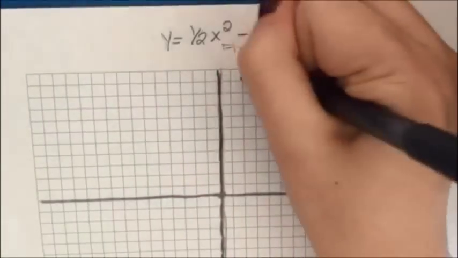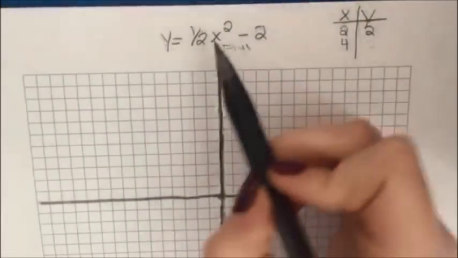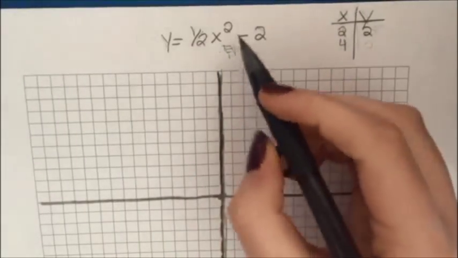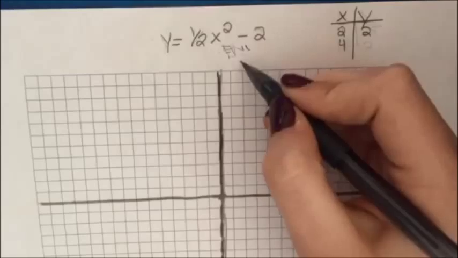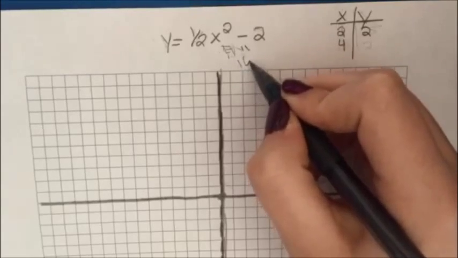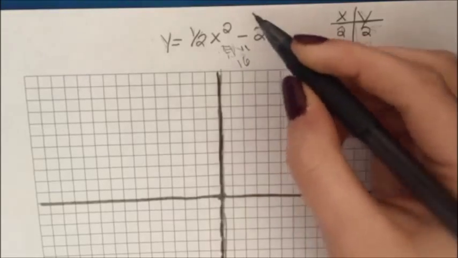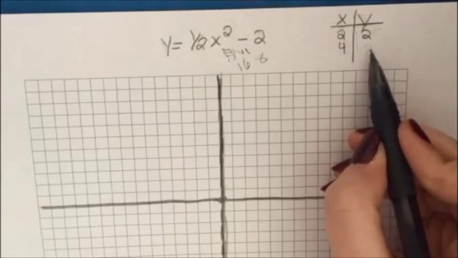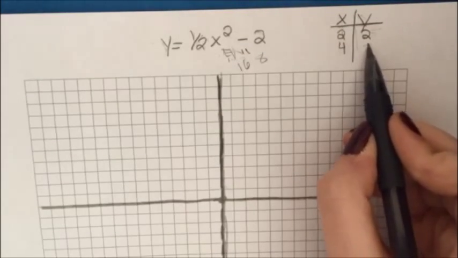If we continue on and we substitute x now for 4, then 4 squared is equal to 16, times 1/2 is 8. So our next point on this graph will be 4, 8.